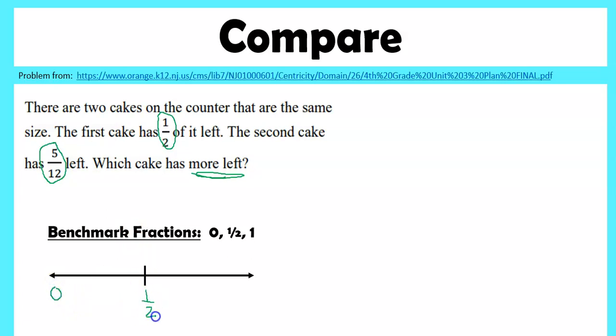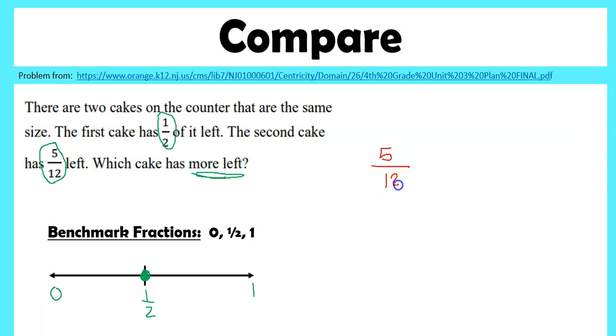Okay, so let's look at our benchmark fractions, and we have a 0, 1/2, and 1. Okay, and then I have the fraction 1/2, which I don't really have to do anything with because 1/2 is one of our benchmark fractions. So I can go ahead and color that one in on my number line. Now I'm going to look at the fraction 5/12.